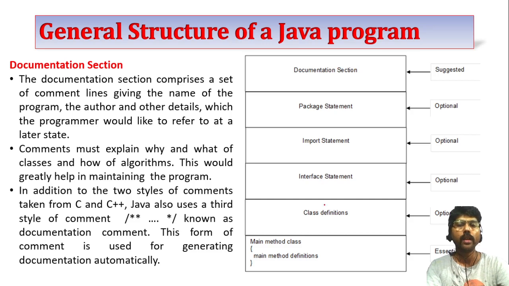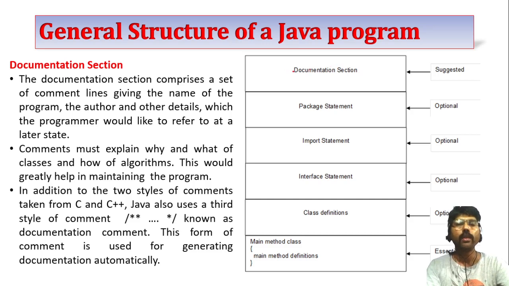Some of these are optional, some are suggested, and some are essential. Now, I start with the first one: the documentation section. The documentation section is always written at the top of the Java program, and it is nothing but a comment.